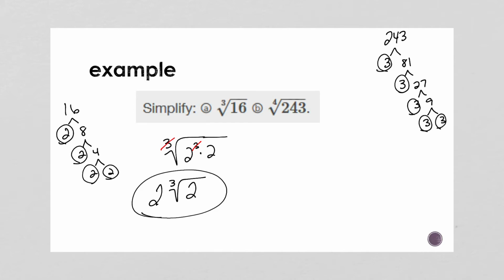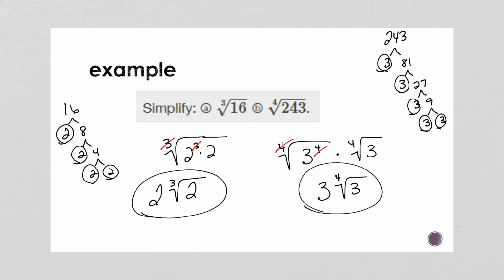All right, so we've got how many threes here? 1, 2, 3, 4, 5. I've got 5 threes. So this could be written as 3 to the fourth times the fourth root of 3, right? Okay, and then this 4 and that 4 get rid of each other. So I'm left with 3 times the fourth root of 3. And that's it.